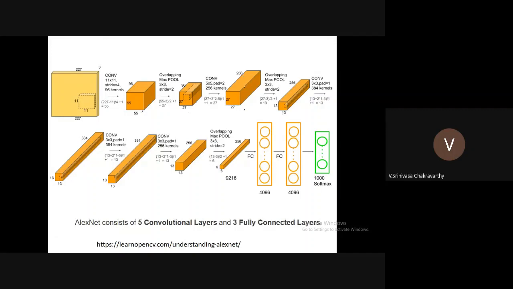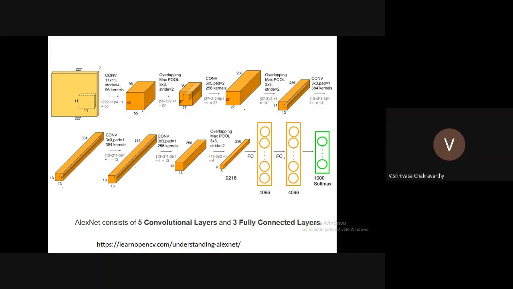From here, the max pooling shrinks the feature maps to 13 by 13 and the number is the same. The next convolution goes to 384 feature maps of size 13 by 13, again the same size. Then 256 at 13 by 13, then 6 by 6. So actually there's a reduction in the number of feature maps.